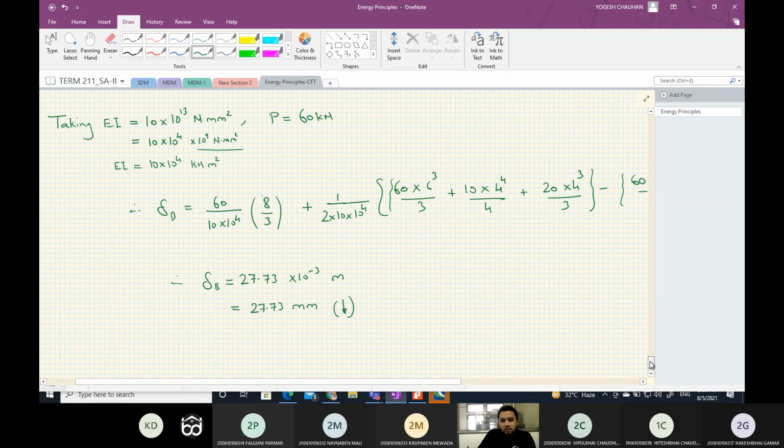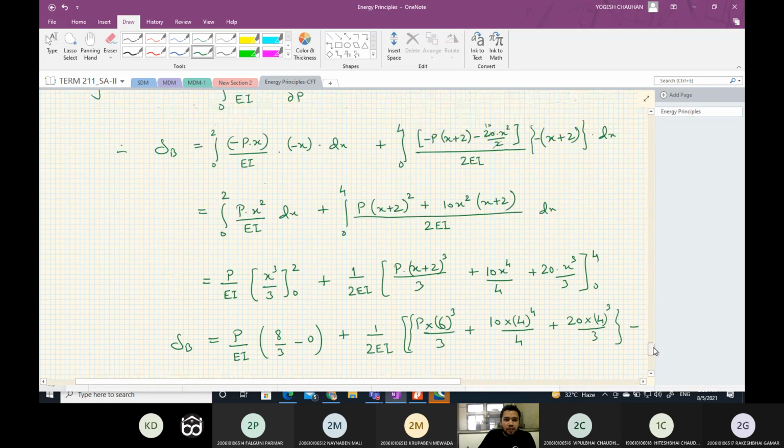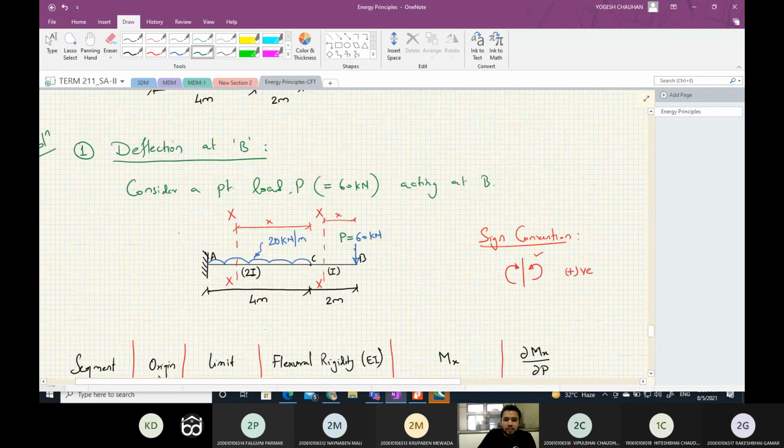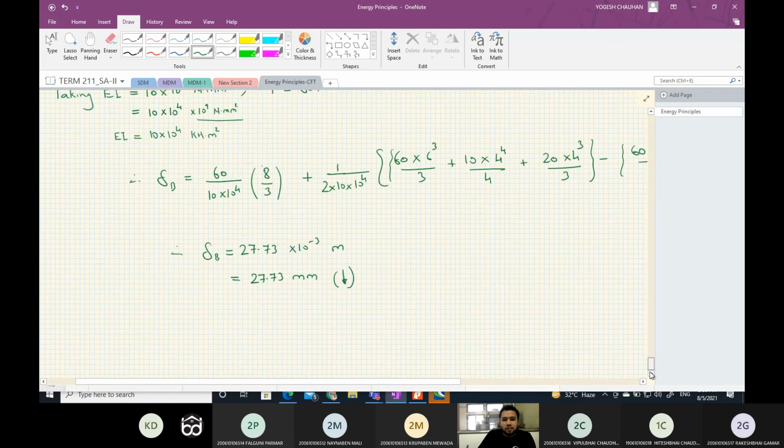Why downward? Because the value is positive and the force P is applied in the downward direction, so deflection will also be in downward direction. So this is the answer.